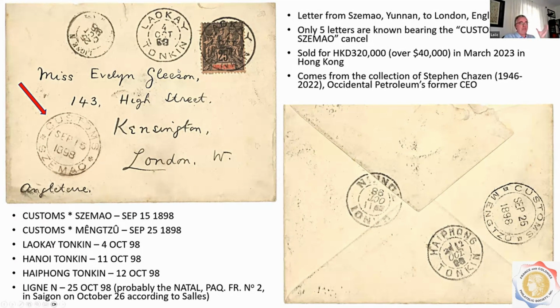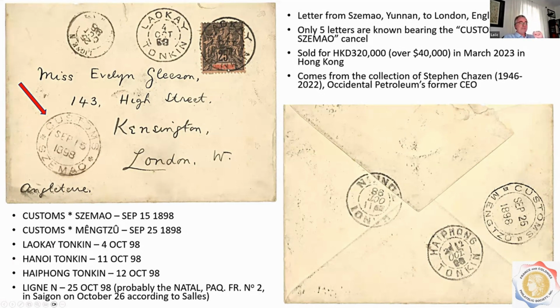So I could probably assume that the presence of this customs semi cancelled meant that if it was needed, the domestic rate was paid in cash, and the letter was then sent from Semao to Mengzhou. Okay, it's like a 10 days trip, and then from there it was passed across the border to Laoke, where the 25 cent was applied, or it might have been applied initially by the sender.